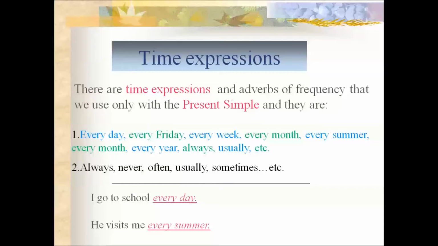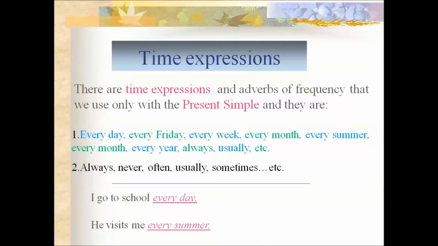What are more adverbs? For example, always, never, often, usually, sometimes, rarely, occasionally. Just remember adverbs of frequency. You don't care about how often it is, but when you use an adverb of frequency with present time, you must use the present simple.